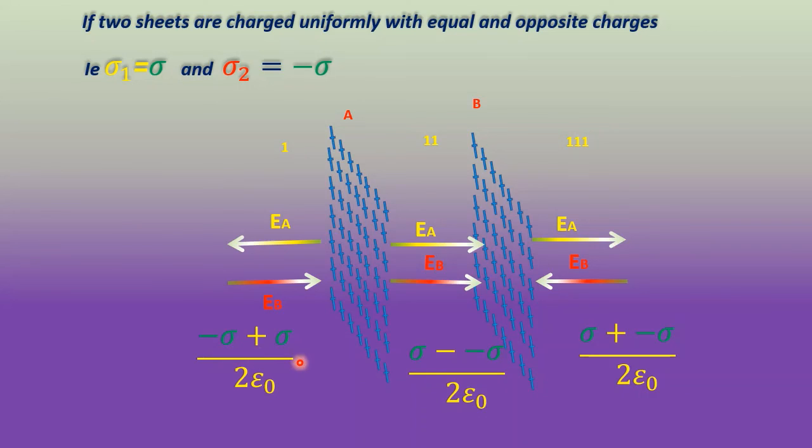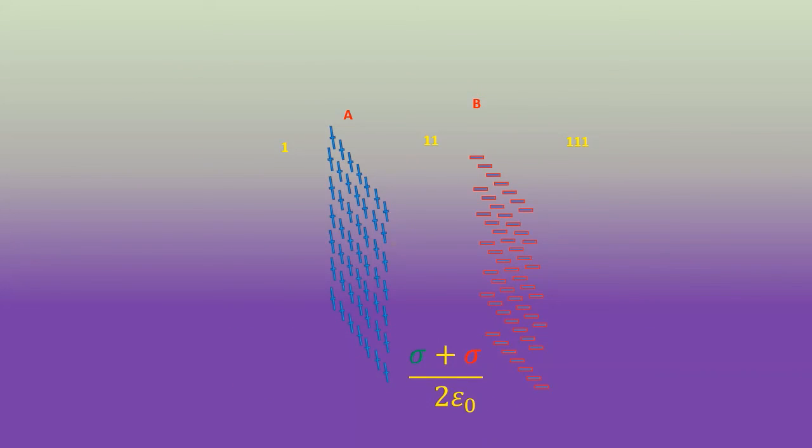Sigma plus minus sigma divided by 2 epsilon 0. Sigma minus minus sigma by 2 epsilon 0. At the region 3, sigma plus minus sigma by 2 epsilon 0. Now we can see the electric field is only remaining in between the charge sheets.